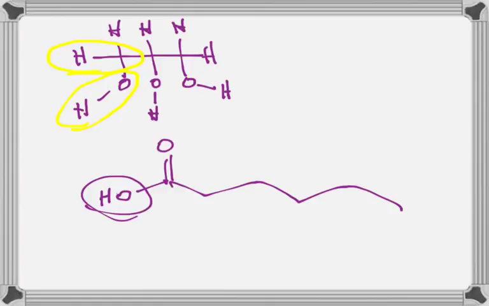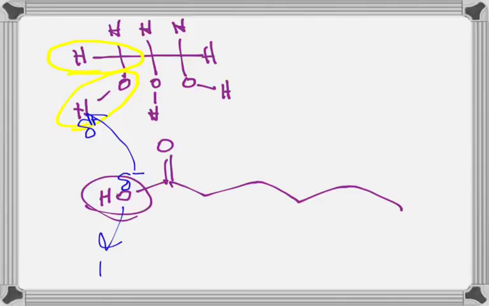And actually, we get some hydrogen bonding even before the reaction takes place between this OH group on the fatty acid and those OH groups on the glycerol molecule. So already you're getting some interaction there. What really happens is this partial positive on that oxygen will end up stealing that hydrogen from glycerol.